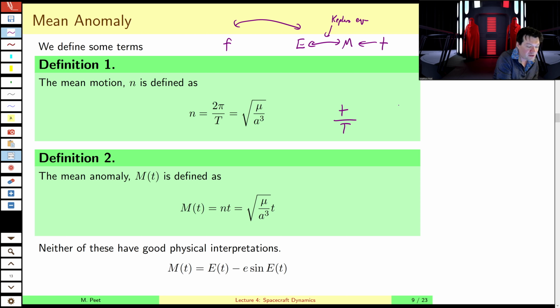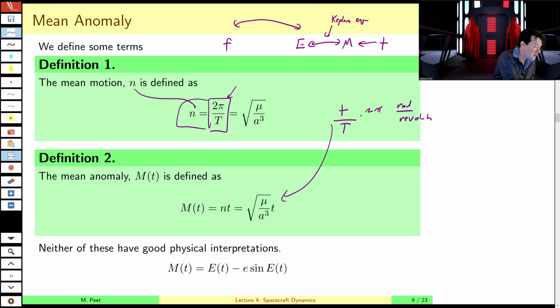So if we think of the units as radians per revolution, then we can do this conversion here, dividing by revolution and multiplying by 2 pi radians per revolution, to give us mean anomaly here. Basically, it's that conversion factor, 2 pi radians per revolution. And that conversion factor here has a specific name. It's called mean motion, to give it a fancy sounding name, although it's just converting time to radians.